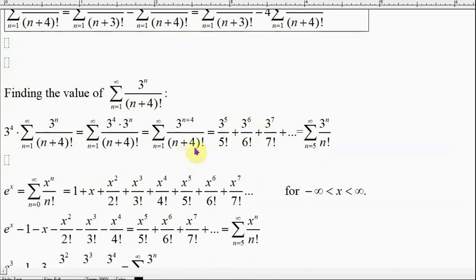And then when n is 1, we get 3 to the fifth over 5 factorial, and then plus 3 to the sixth over 6 factorial, and so on. This is the same thing as the summation with 3 to the n over n factorial, and n starting at 5.